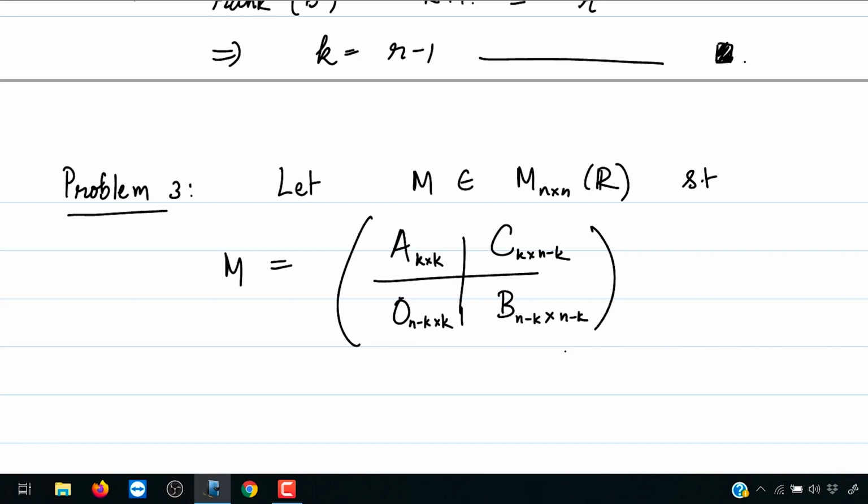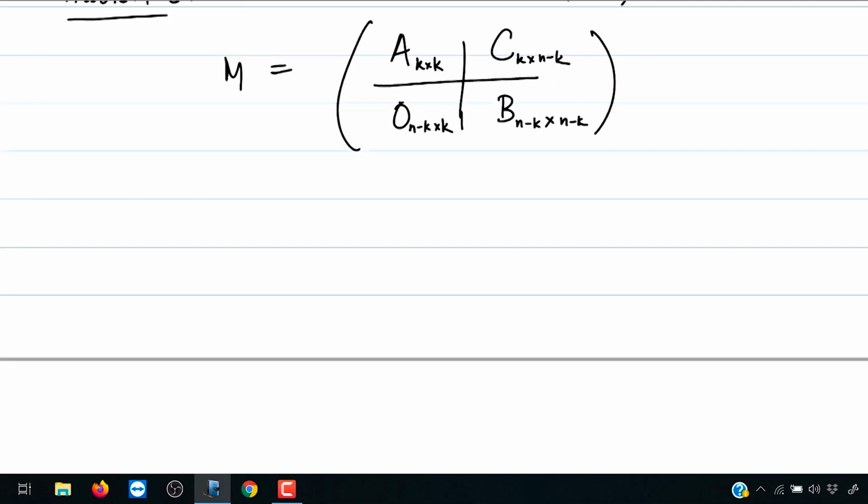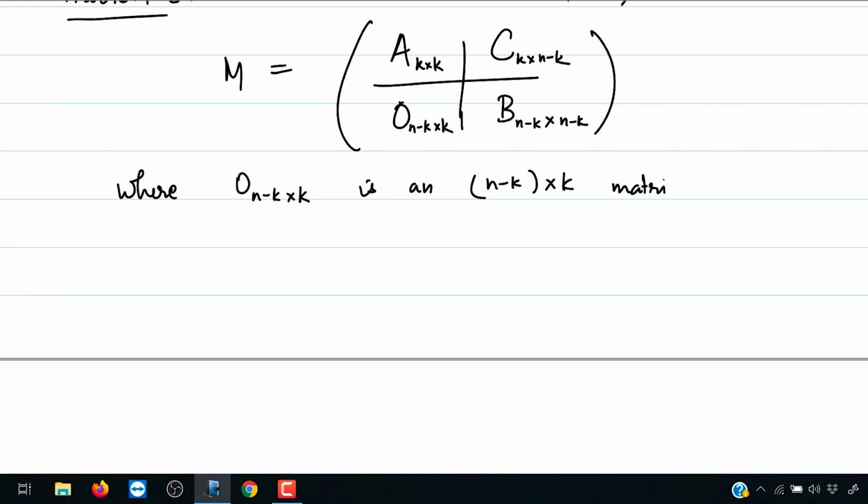So M be in Mn of R be such that M is in this form. So notice that 0 n minus k cross k is an n minus k cross k matrix with 0 as its entries.